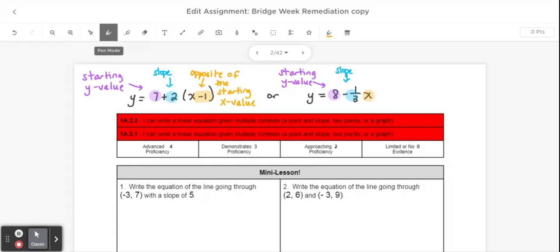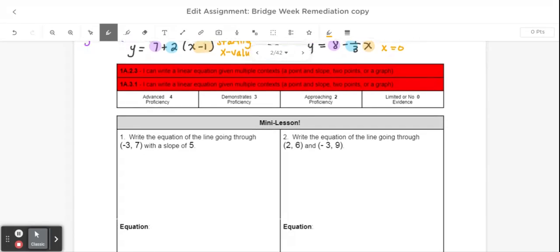It's always the opposite of whatever was originally there. In this last problem, if there's no parentheses here, then that means that your starting x must have been 0, because if you add or subtract a 0, it doesn't have any result. So it would just be x. So let's look through some examples where you can see how we might write these equations.